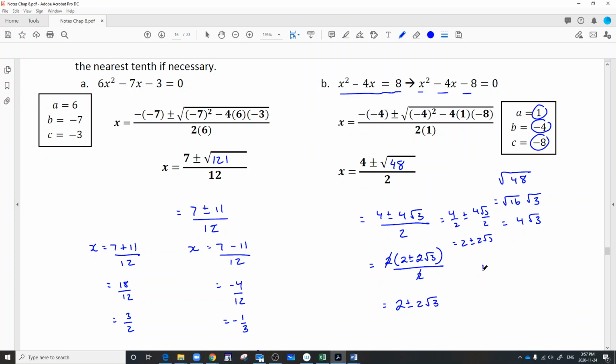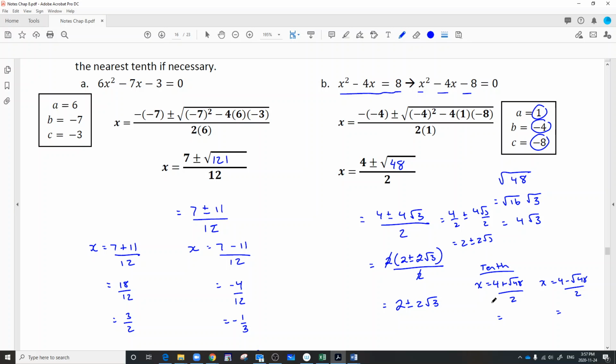I find it easier if you don't have to go through the simplification steps. So only if it doesn't ask you for exact solutions, if it only asks you for the nearest tenth, you can plug in 4 plus root 48 divided by 2, and you could plug in 4 minus root 48 divided by 2, because then you don't have to worry about making mistakes with the simplification.